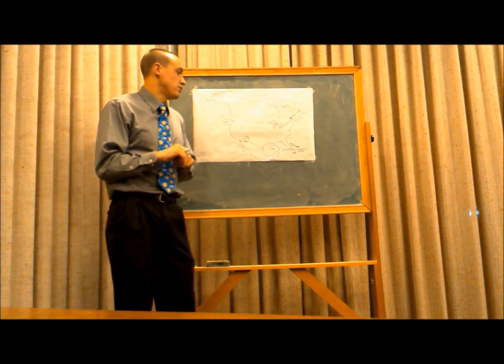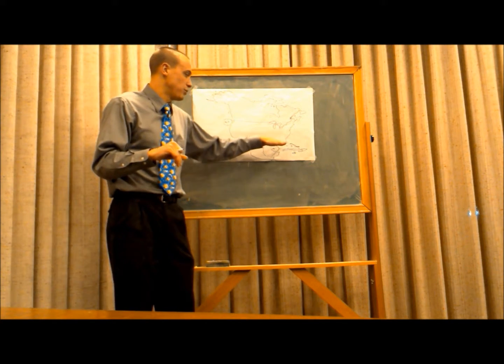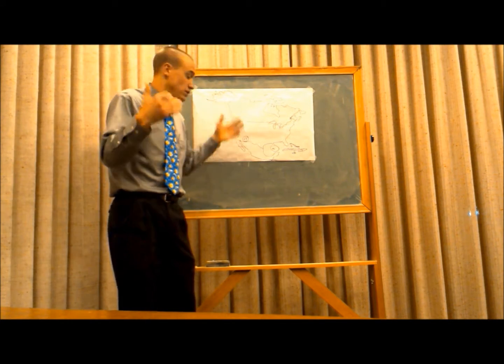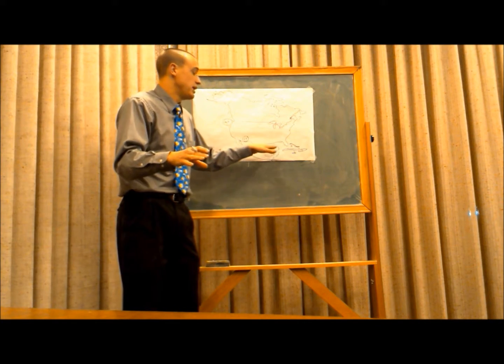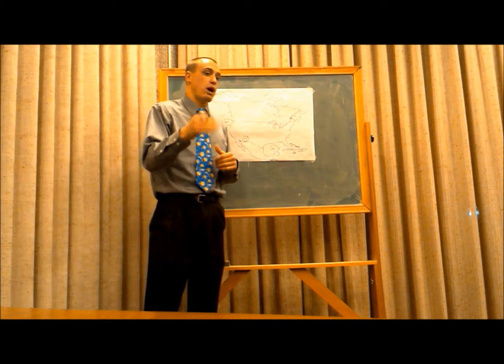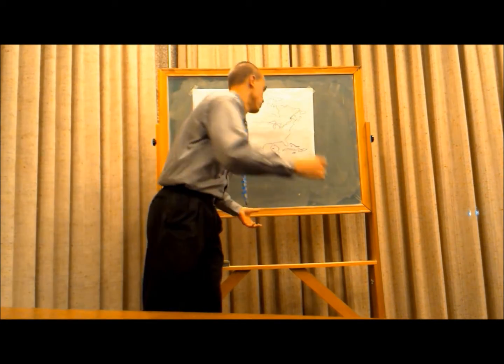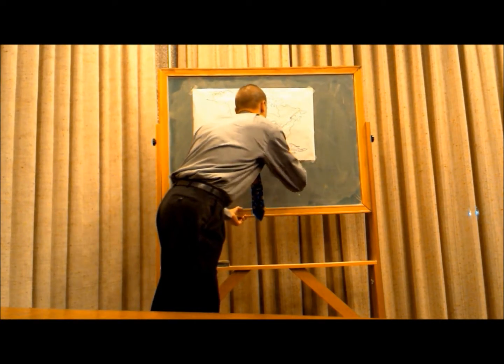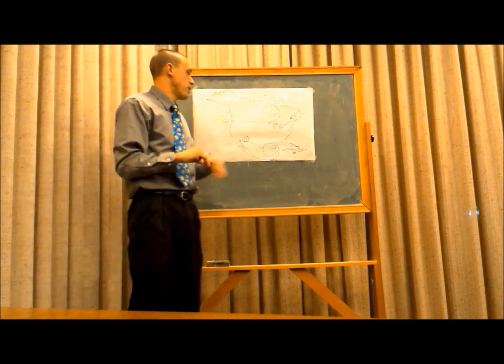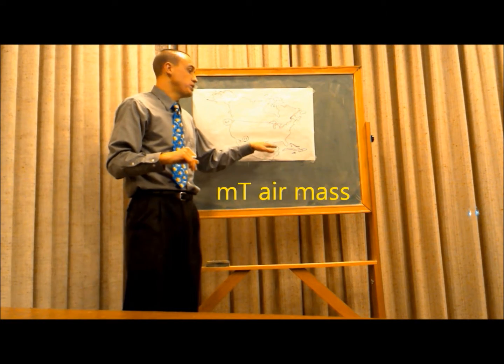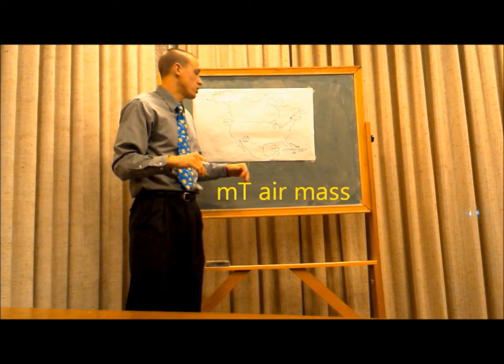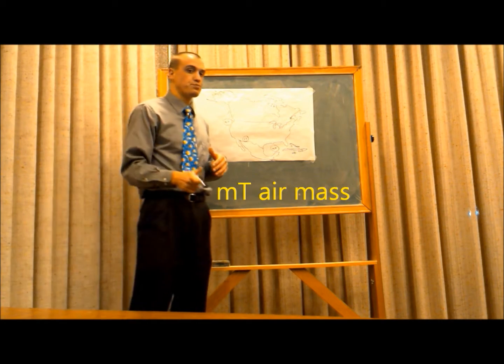And since, remember, it occurs in a warm environment, Florida, Texas, Arizona, warm environment, it is considered a tropic air mass. So the second letter is a capital T. Now this air mass is called a marine tropic air mass, or MT for short.